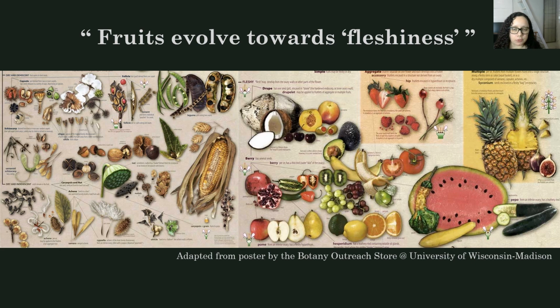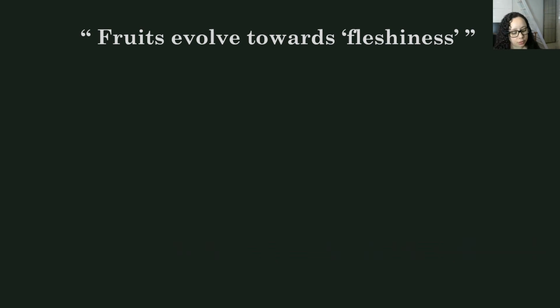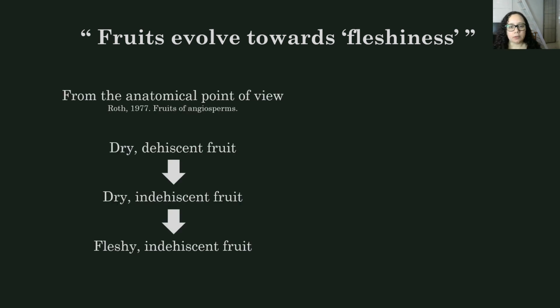So thinking about these questions, we wanted to test a hypothesis, and specifically we decided to look into the proposition that was presented by Ingrid Roth in her Fruits of Angiosperms book. Ingrid, after extensive studies of fruit anatomy, came to propose that fruits tend to evolve from a dry dehiscent state, so dehiscent means that the fruits open, towards a fleshy indehiscent state.